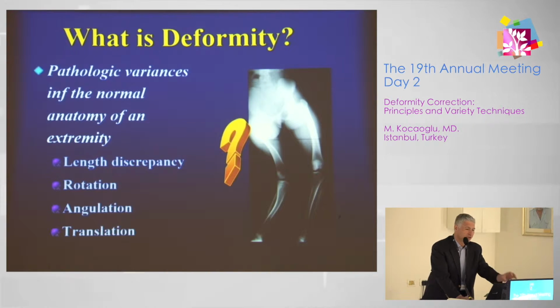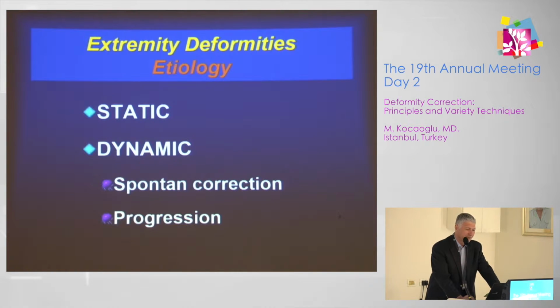I can define it shortly: pathologic variances in the normal anatomy we can define as deformity. One of them, or part of them, or all of them is included in the definition of a deformity.